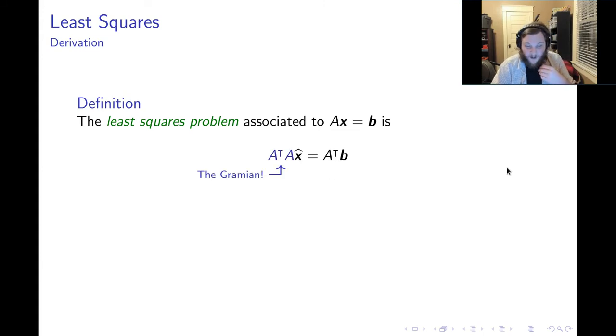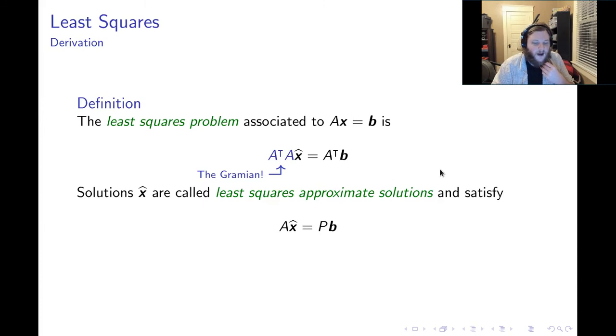And what I want everyone to see here is that when we're looking at the associated least squares problem, we're looking at a new system, and the coefficient matrix is the Gramian of A. Now, any solution to the least squares problem, x hat, is called a least squares approximate solution. And those are the vectors x hat that satisfy the equation A times x hat equals P times b, where P is projection onto the column space of A.